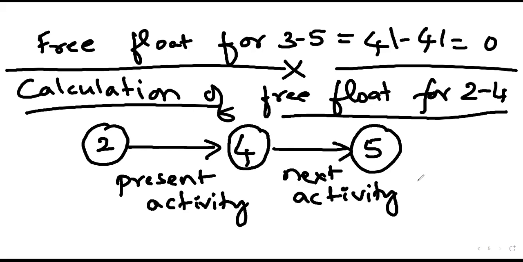So here, what we are supposed to do, we have to determine the free float. Okay, so what is early finish for 4-5? Early start, sorry. Early start for 4-5.